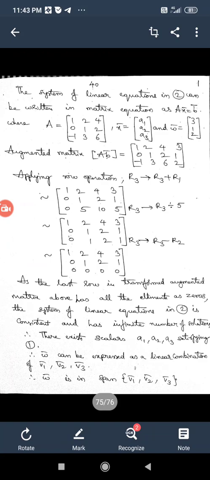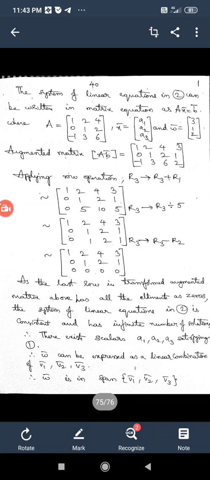Therefore, that means if the last row of the transformed matrix is a row consisting of all zeros, then we can say that the system of linear equations in equation 2 is consistent and has infinite number of solutions.